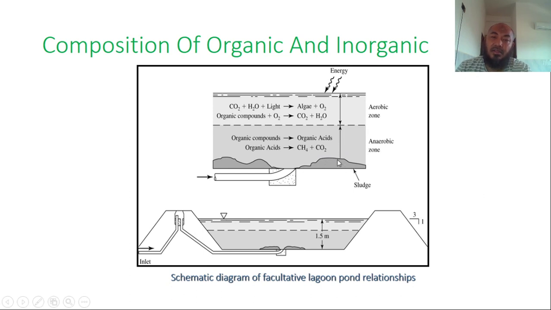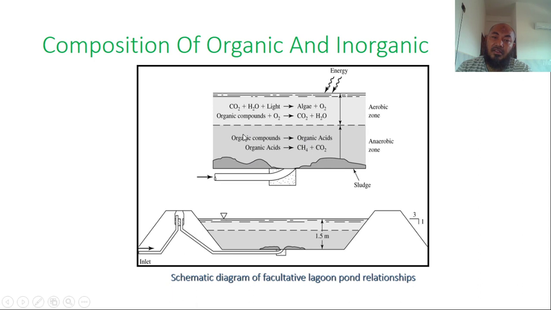So this part is not the algae one, but this part is very important for us to understand the process inside the activated sludge or trickling filter or even this oxidation pond. And this part is important for sludge removal.